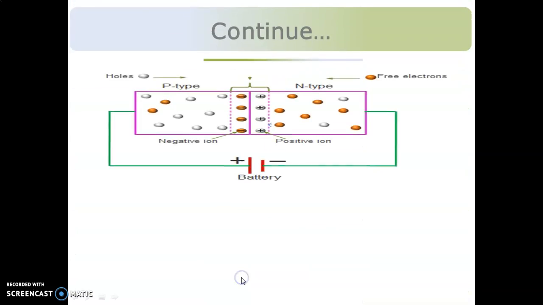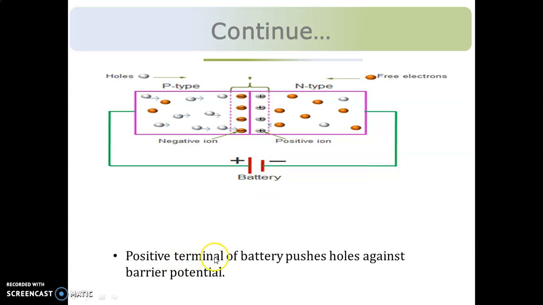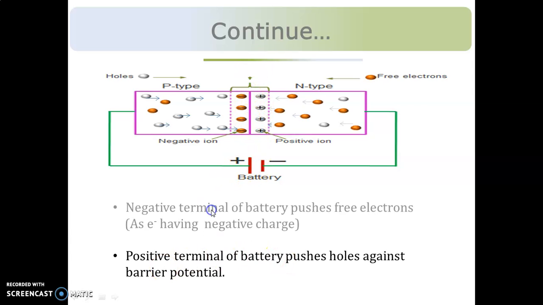After doing this connection, you can see that the large number of holes available in the P region are connected to the positive terminal of battery and large number of electrons available in the N-type material are connected to negative terminal of battery. Now, positive terminal of the battery pushes the holes against this barrier potential and the negative terminal of the battery pushes the free electrons.